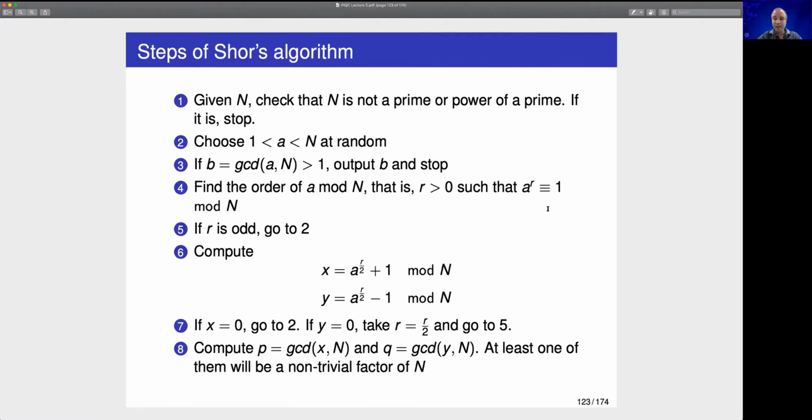So when I divide a to the power r by n, the remainder that I obtain is 1. This number r will be very important in order to find the factors of the integer n.